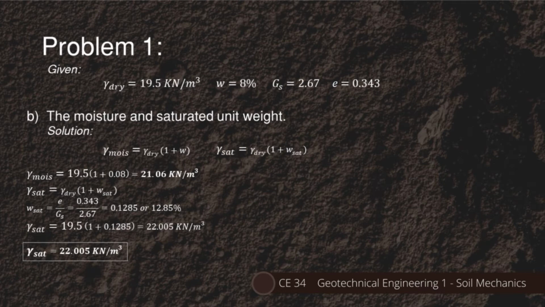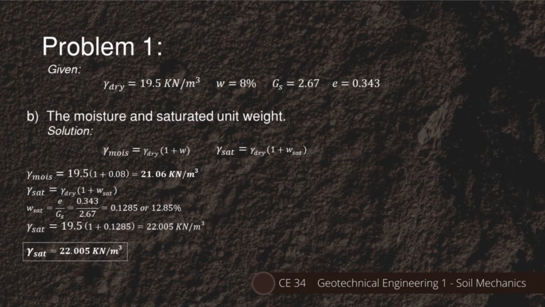That would be equal to the void ratio over the specific gravity of solid, and this will be equal to 0.343 over 2.67, giving us 0.1285. In percentage, the water content is equal to 12.85%.